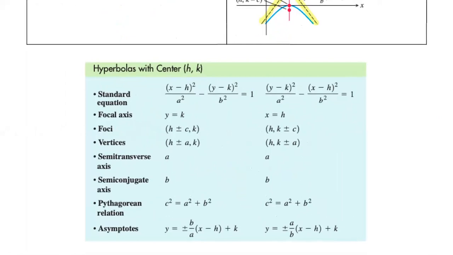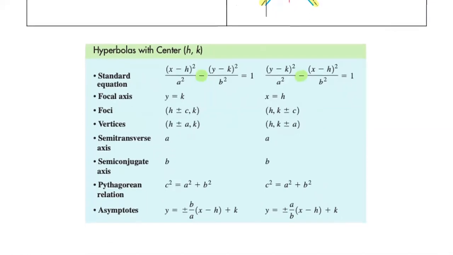And this small difference makes all of the difference in the world. This right there is not a plus sign. If it is a plus sign, you have yourself an ellipse. If it's a minus sign, you have yourself a hyperbola. Minus, and minus. Okay?